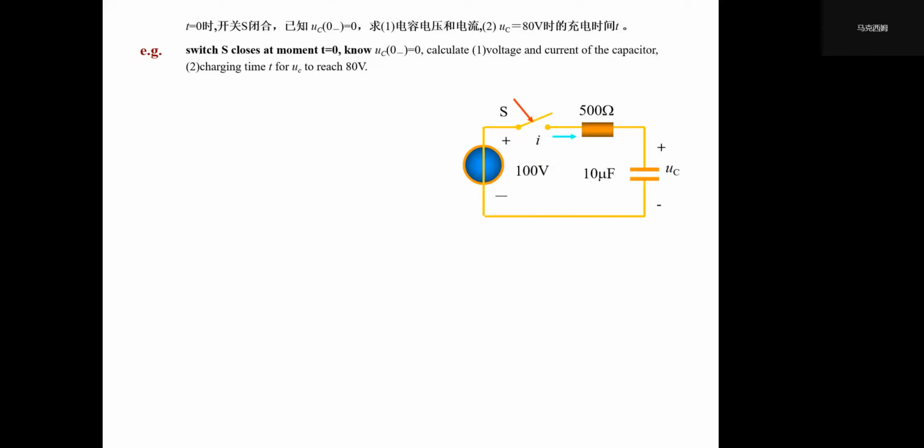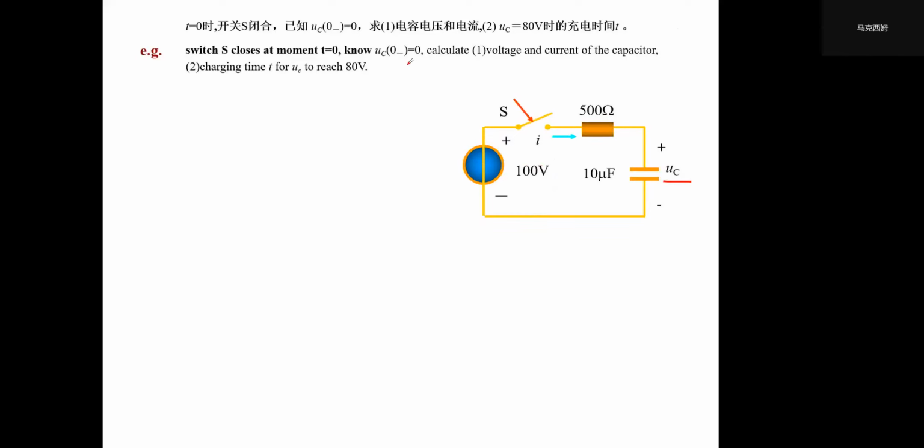Now, okay, let's go back to our lecture and see this example. We close the switch at the moment t0, and originally the voltage on the capacitor is 0.